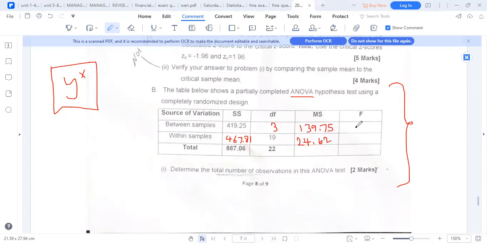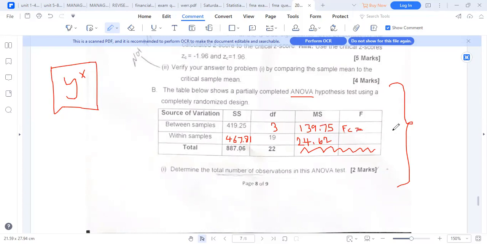You add everything. There's no need to add it. We subtract. How do we get the F calculated here? Sorry, we divide 24.62 into 139. So this into there, correct?